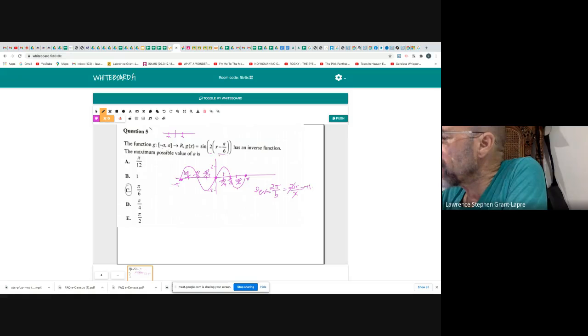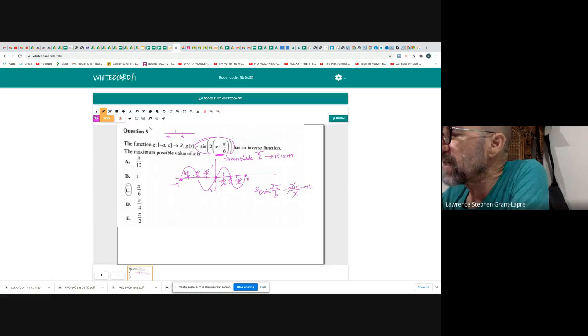Now we're going to transform this. It would slide, translate, by pi over 6 to the right, right? And if we were to translate this graph into this function here, we have to take this point here and this point here.